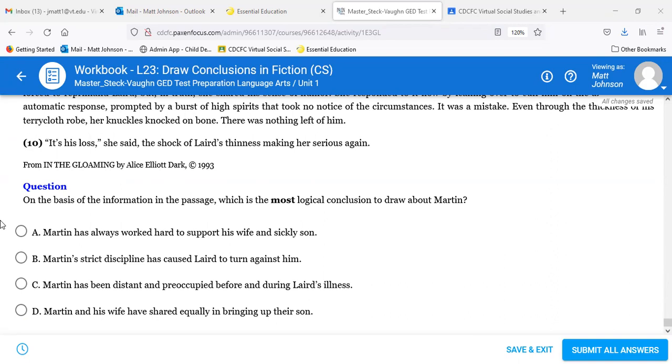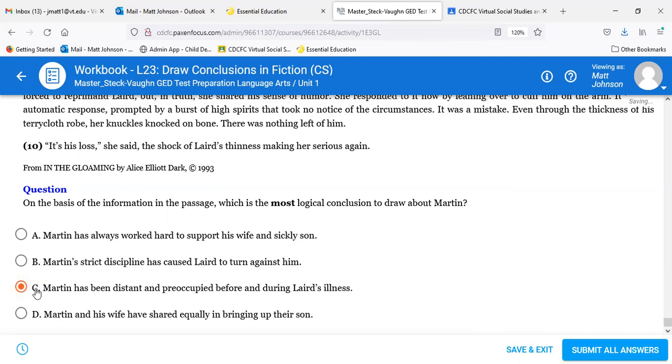B, Martin's strict discipline has caused Laird to turn against him. C, Martin has been distant and preoccupied before and during Laird's illness. And D, Martin and his wife have shared equally in bringing up their son. C? C. Yeah, we definitely can make that conclusion, right?